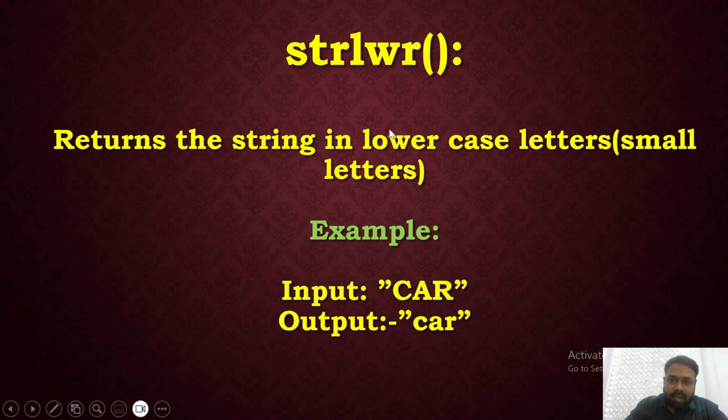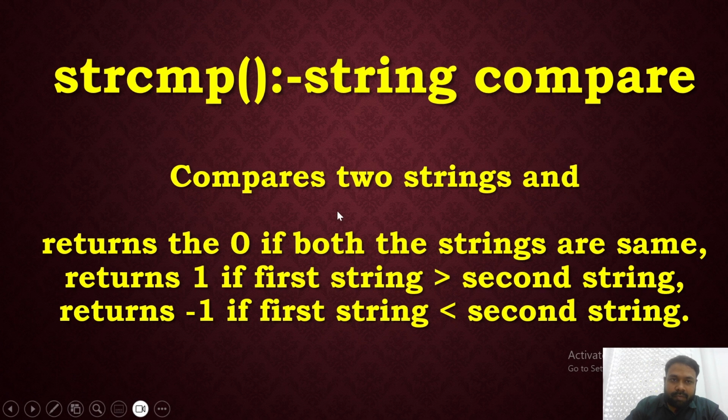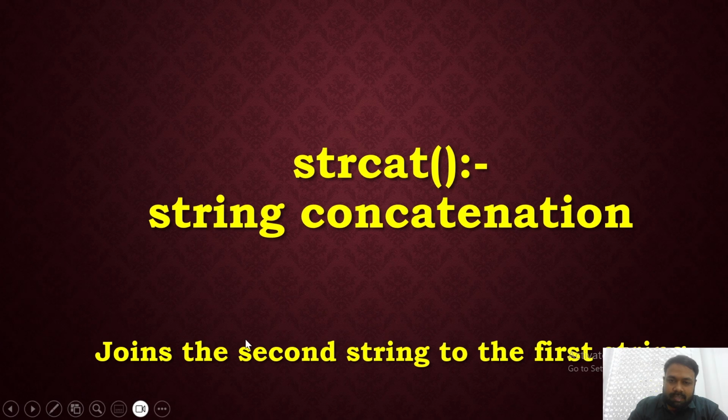After that strlwr, which returns the string in lowercase letters. And after that strcmp, which compares two strings and returns 0 if both strings are the same, returns 1 if the first string is greater than the second string, and returns -1 if the first string is less than the second string.